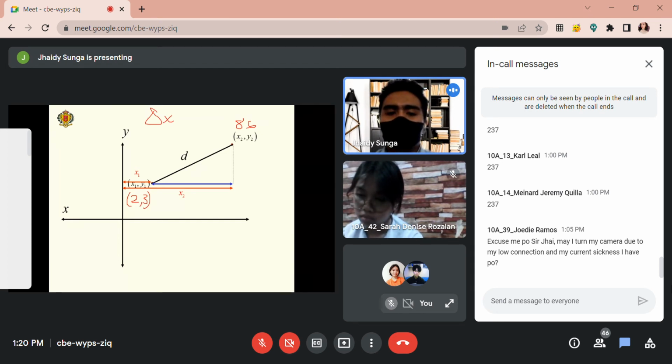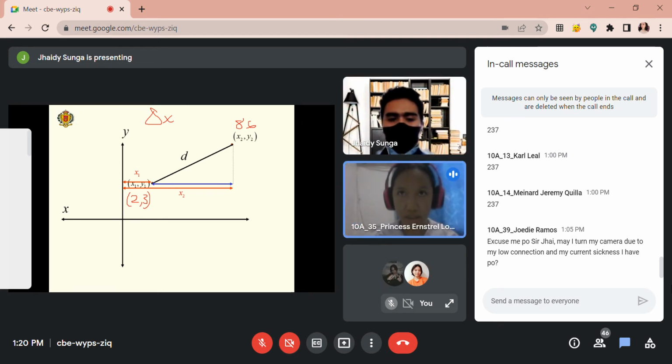What would be the value of the blue line or the blue segment? I'm not sure, but what I have in my mind right now is the length. Yes, the length. What would be the measurement or the value of the blue segment?